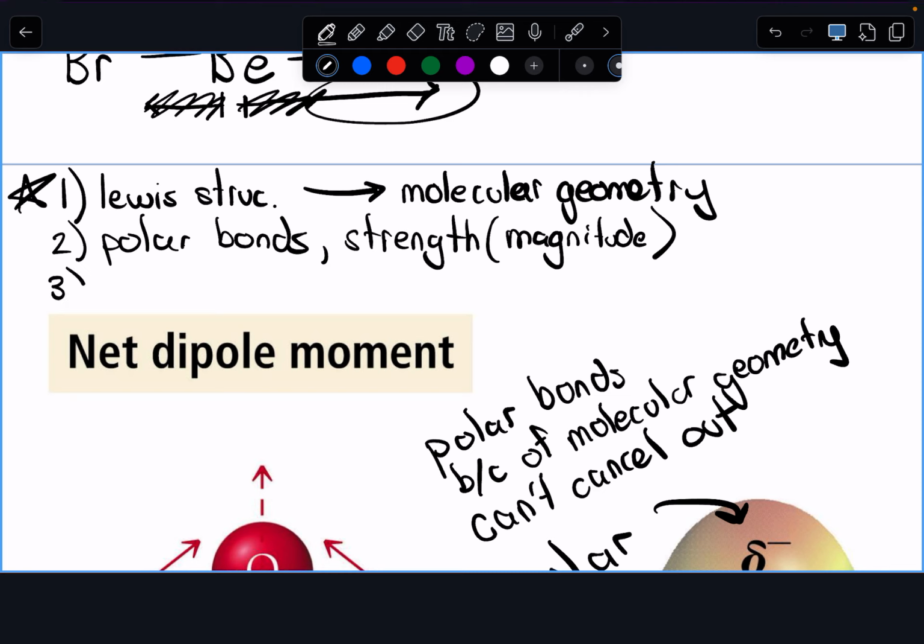And then using that molecular geometry, you want to ask yourself if they're able to cancel each other out. You could look at the bonds first and see, are they polar and are they equivalent to each other? But you're going to have to go to the molecular geometry after that anyway.